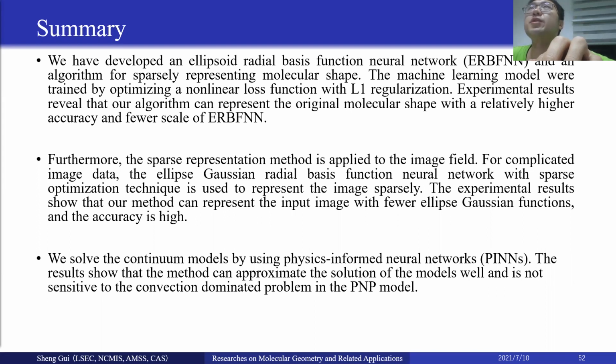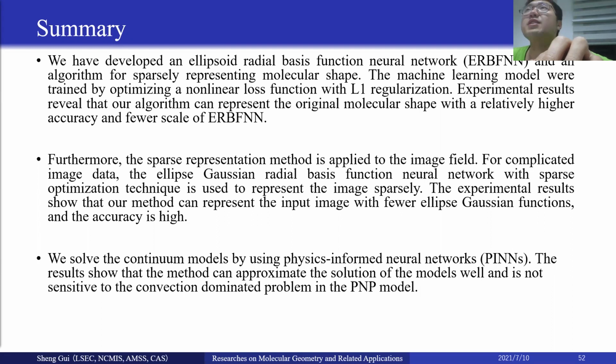Experimental results reveal that our algorithm can represent the original molecular shape with relatively high accuracy and few ellipsoid radial basis function neurons.